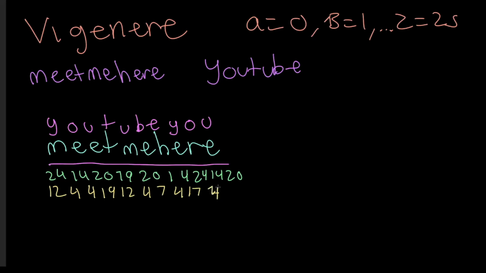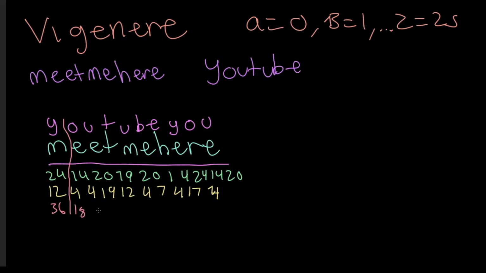All right. So now that we have the letters converted into numbers, we're just going to do some very, very simple addition. We're just going to add each column. So the first one, which is Y and M, will become 24 plus 12. So we get 36. I'm just going to do it for all of them.